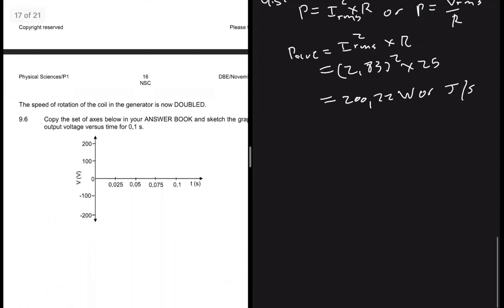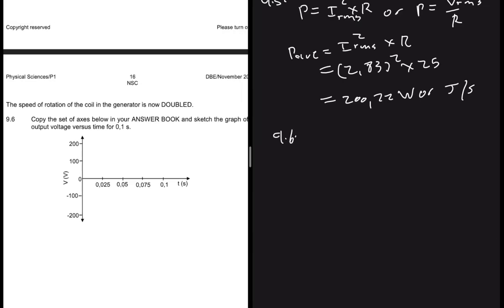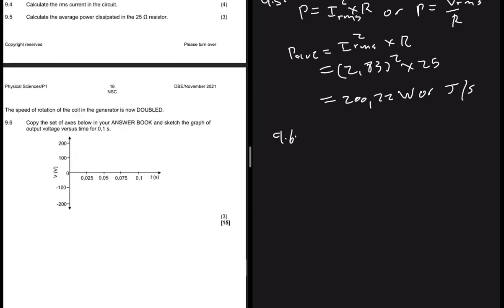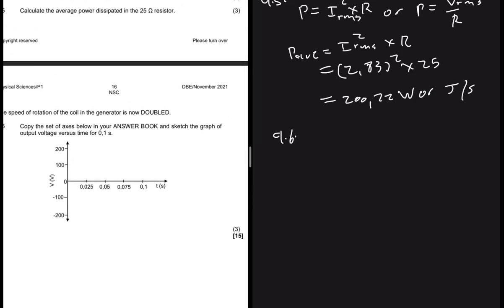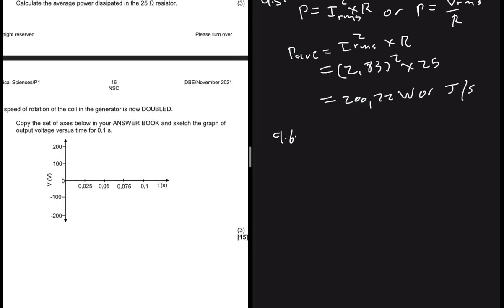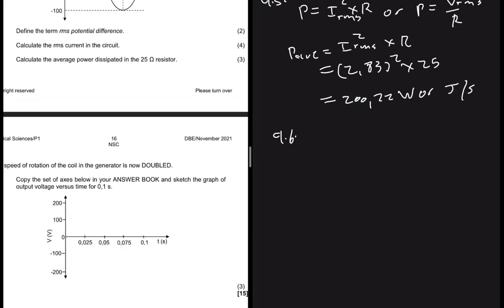And then now let's move ahead to 9.6. 9.6 says the speed of rotation of the coil in the generator is now doubled. Copy the set of axes below in your answer book and sketch the graph of output voltage versus time for 0.1 seconds, right?